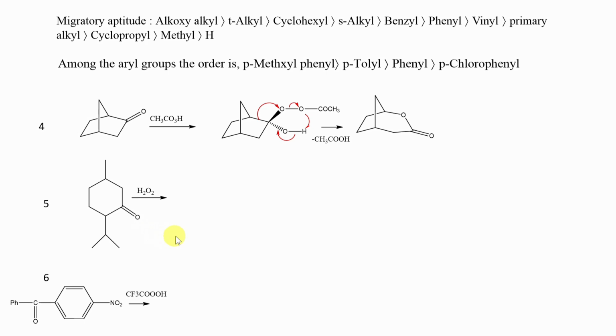Then rearrangement takes place to form the product. That is the usual mechanistic pathway. First of all, a proton is captured by the carbonyl group, and the peracid anion is attached to the electron deficient carbon atom. Then rearrangement takes place.